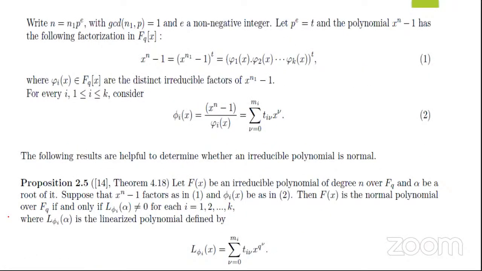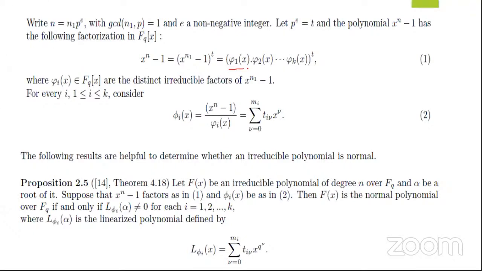These are some notations which we will use in the next section. If we write n = n1 p^e with GCD of n1 and p equal to 1, and we denote p^e by t, the polynomial x^n1 - 1 has the following factorization.